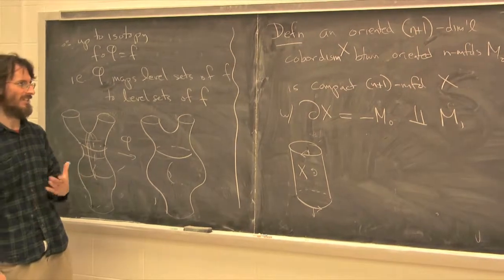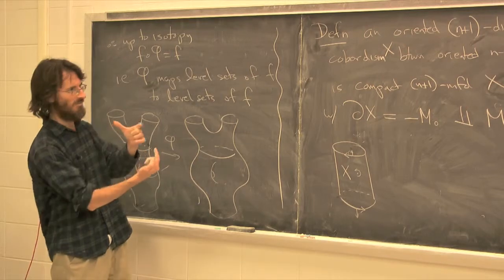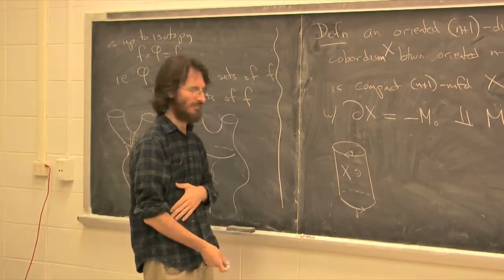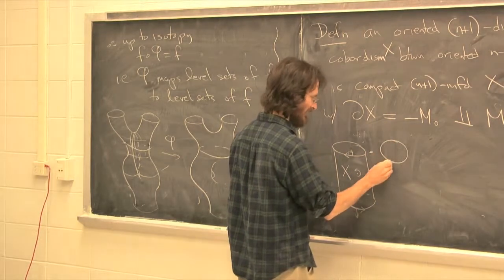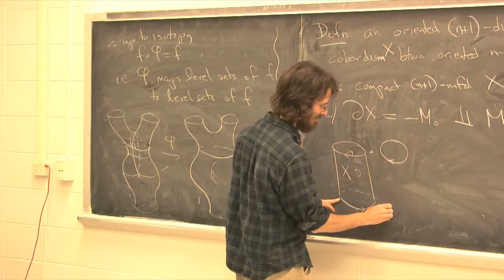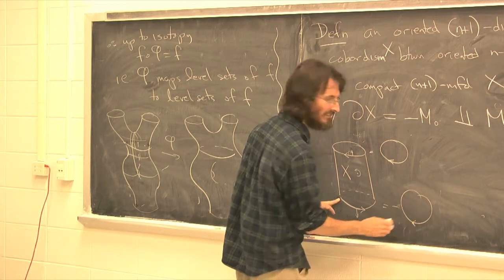But I'd like to think of this as a cobordism from the same thing, from S1 going this way to S1 going itself. So this equals S1 going that way, and this equals minus S1 going this way.